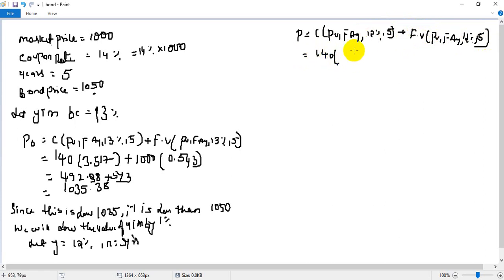So here it will be under 12%, 5 years, 3.605, plus 1000 into 0.567.